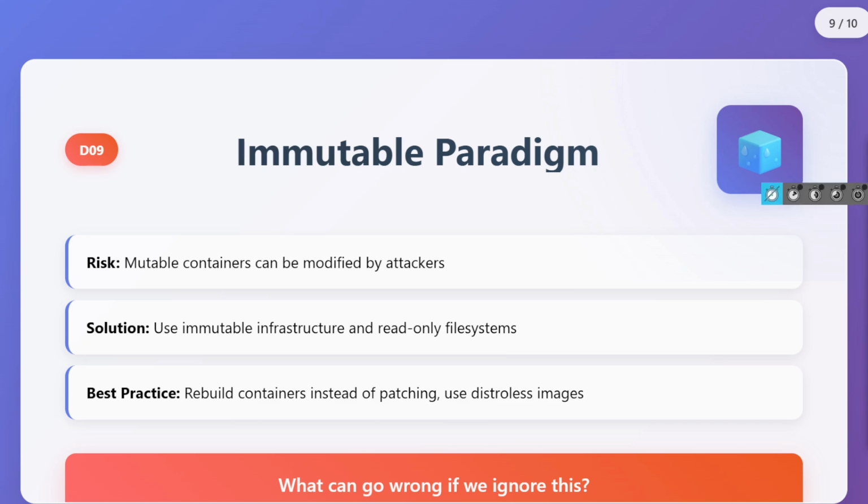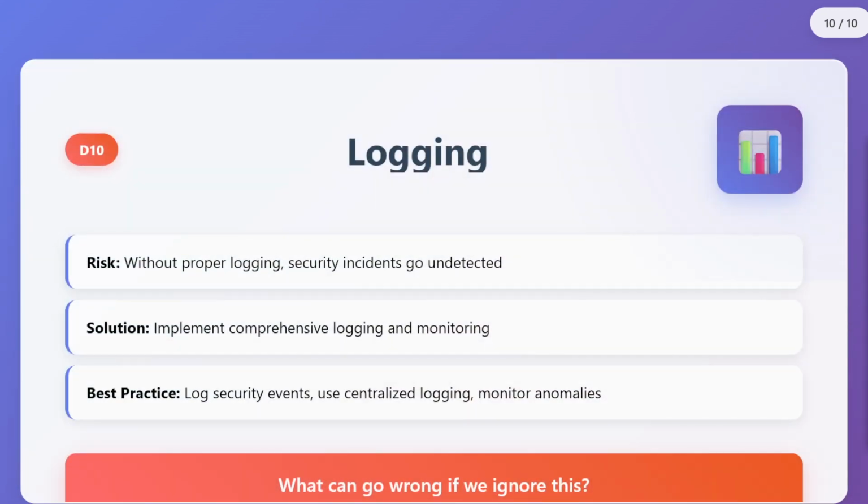And moving to the next one, that is logging, which is Docker WAP's top 10 logging. Logging is one of the most essential pillars of container security, which is maintaining logs. The associated risk is that without a proper logging mechanism, security incidents can go undetected.